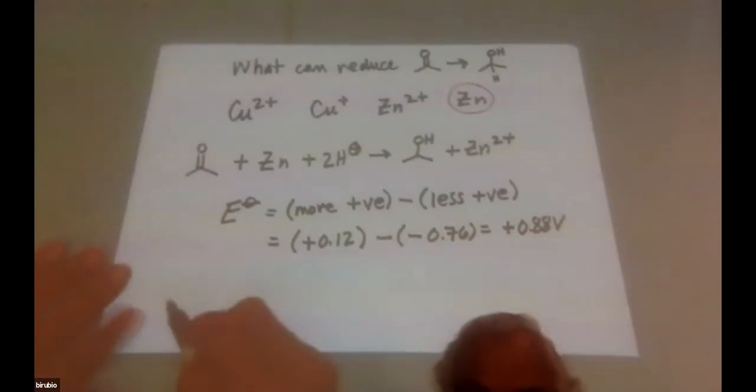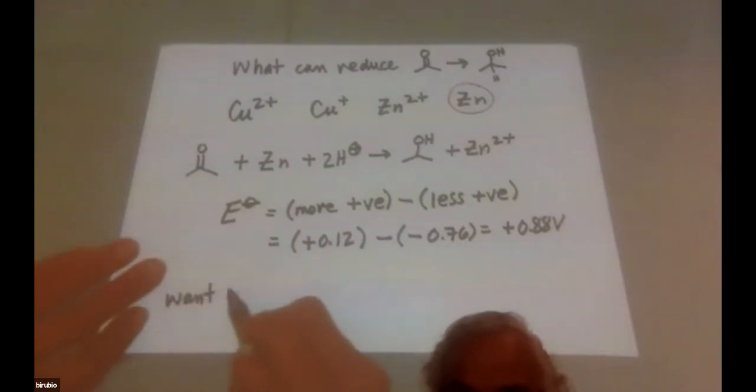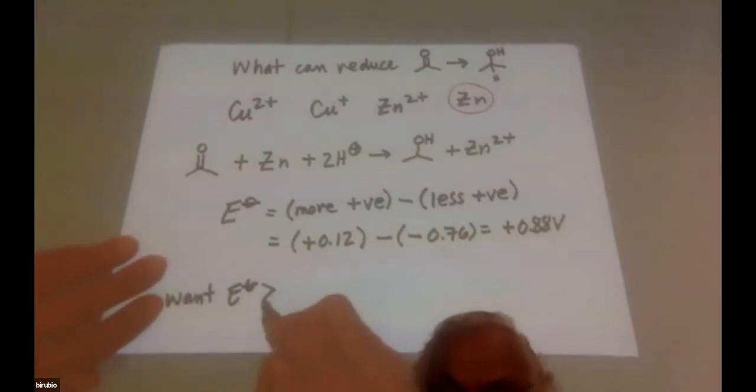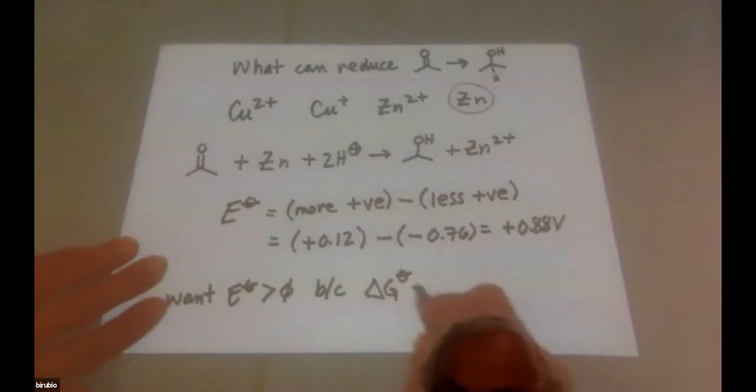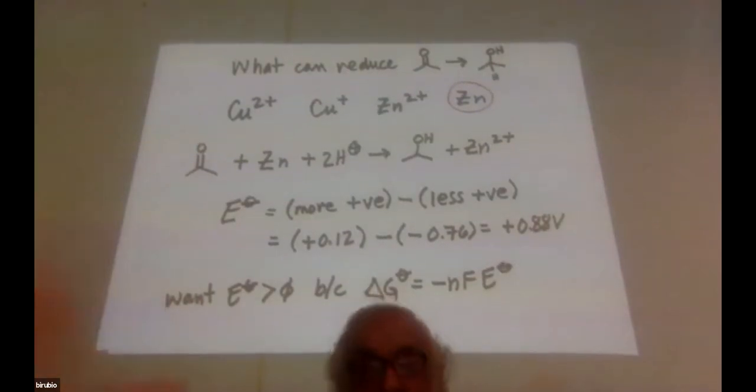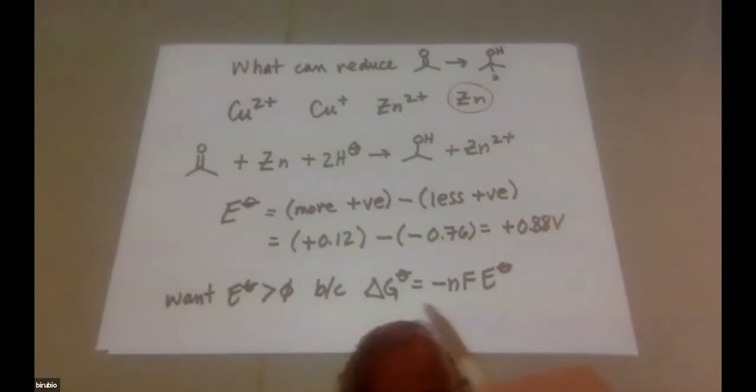And we want E0 to be a positive number because, remember this equation, delta G standard is equal to minus NFE standard. And for the reaction to be spontaneous, delta G has to be negative, and if E0 is negative, delta G will be positive. So we want E0 to be positive so that delta G can be negative. Remember all of that stuff from Gen Chem?